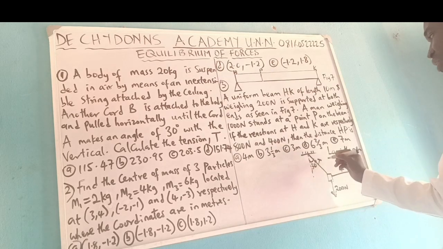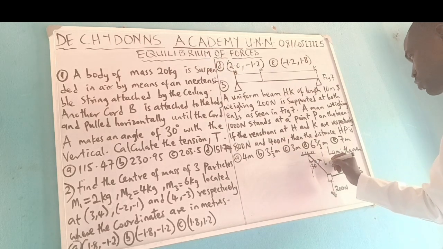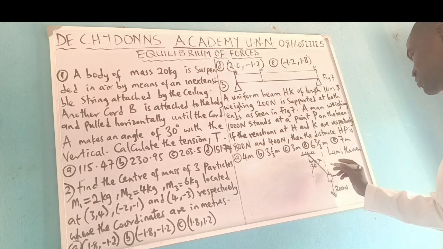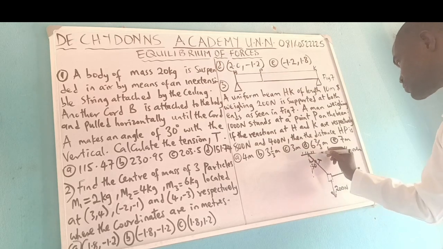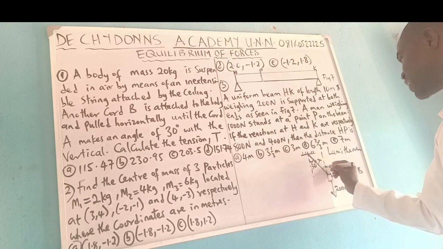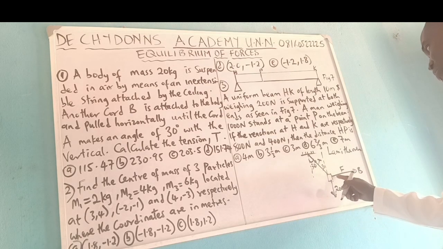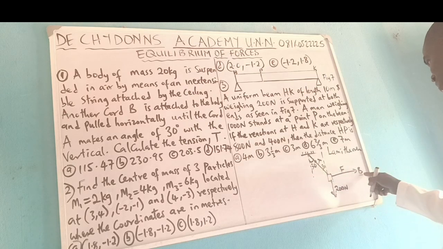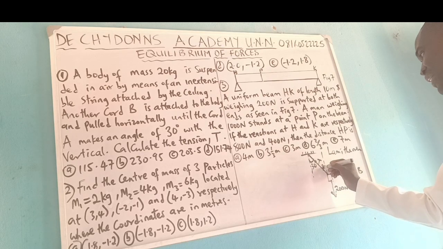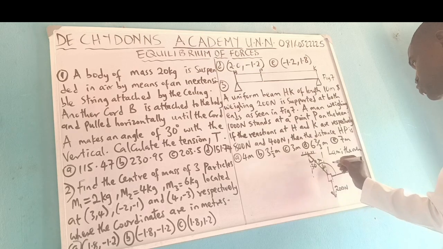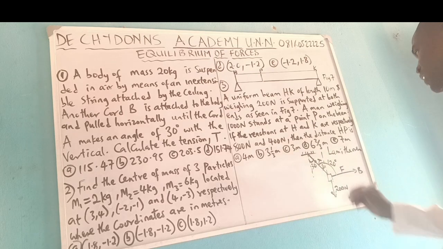How do you use Lami's theorem? Here is 30 degrees. You carve out the 30 degrees here. We said that here is also 30, and the totality here is 90, vertical and horizontal. 30 plus 90 will give a totality here of 120 degrees.